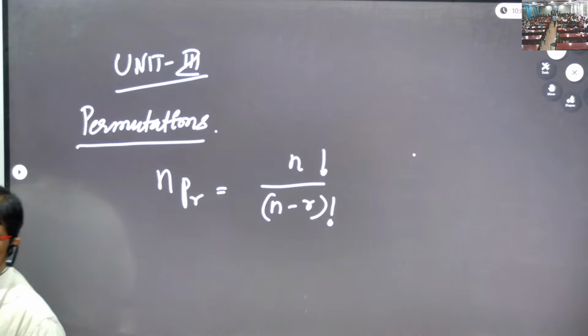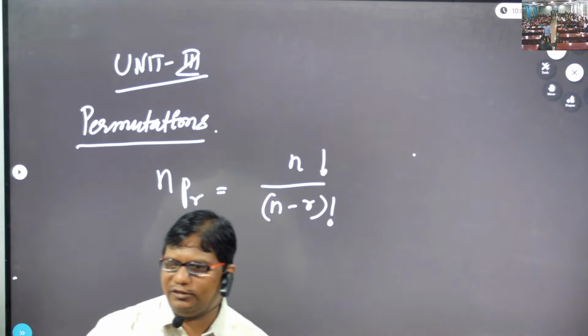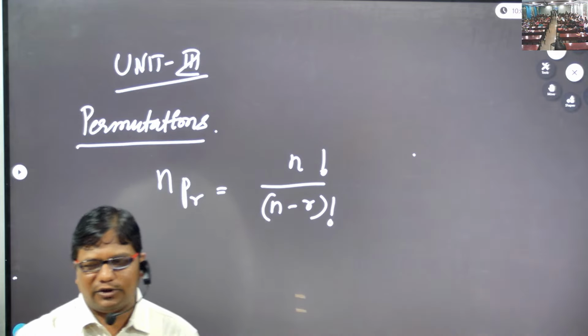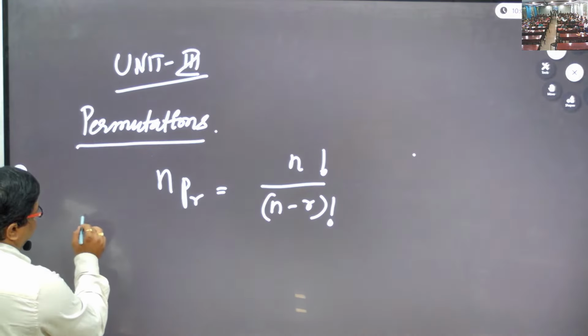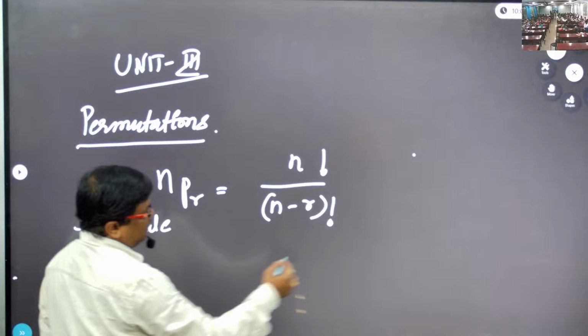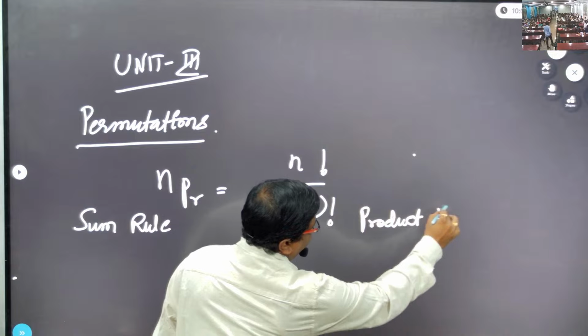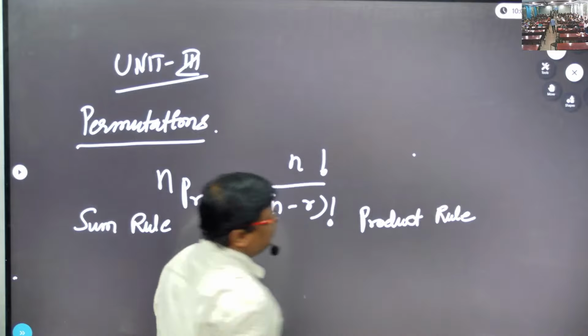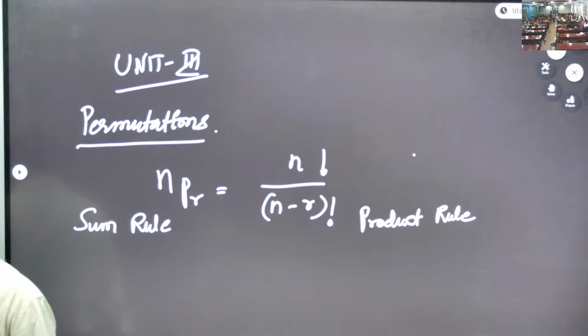In basics of counting, we have two different principles. One is the sum rule, the other is the product rule. What do you mean by sum rule and product rule?